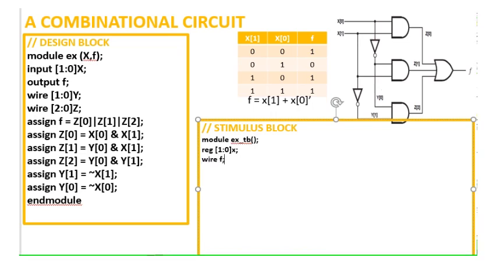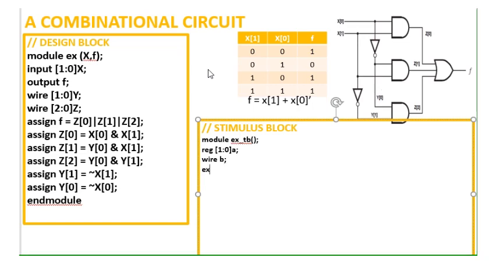Now here you need not give the same names. I can give this as, say, A and this as B, anything, but only the width should be compatible when you instantiate. So next is instantiation.